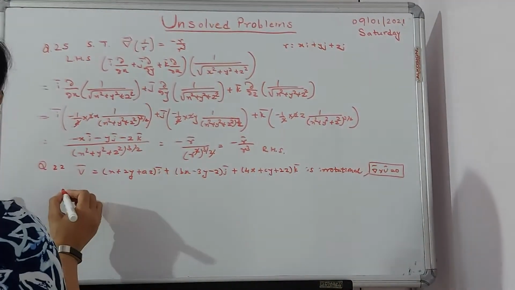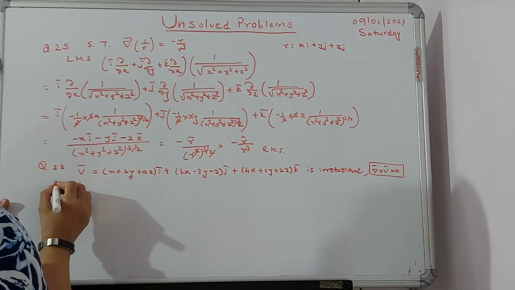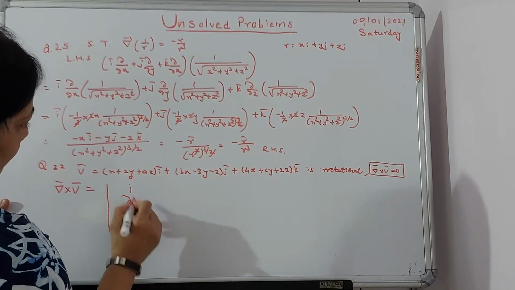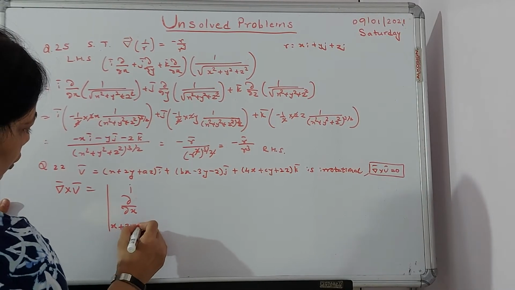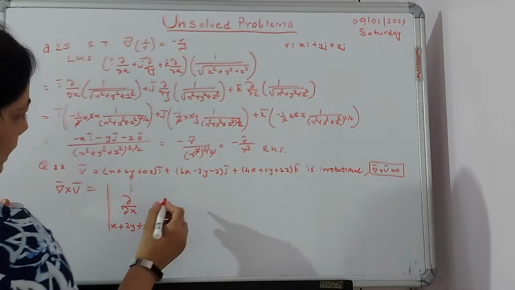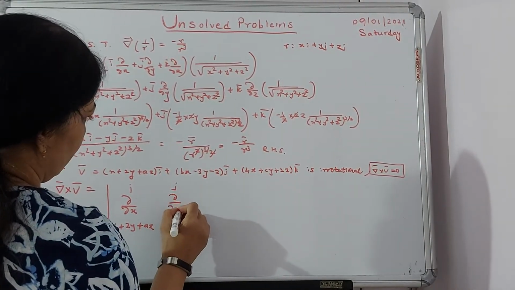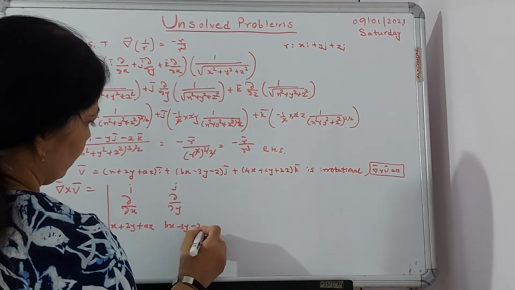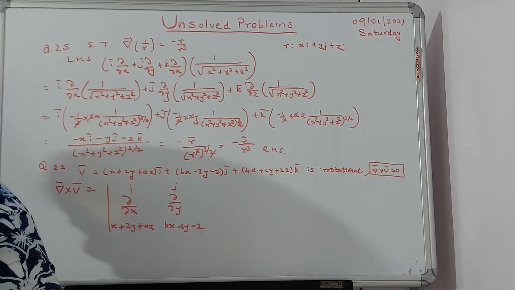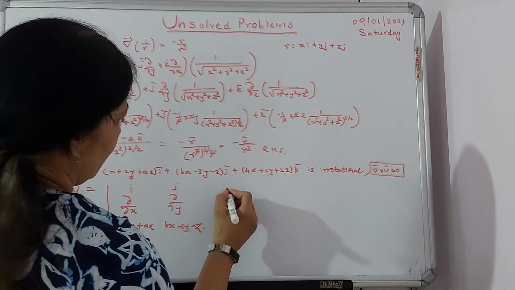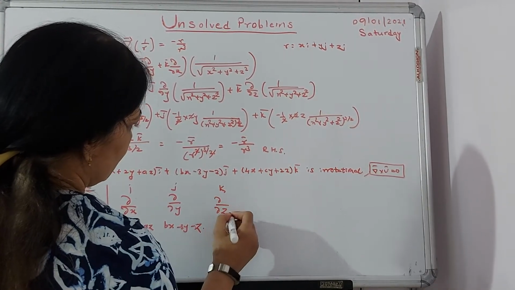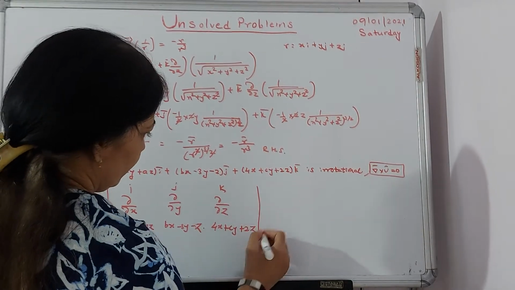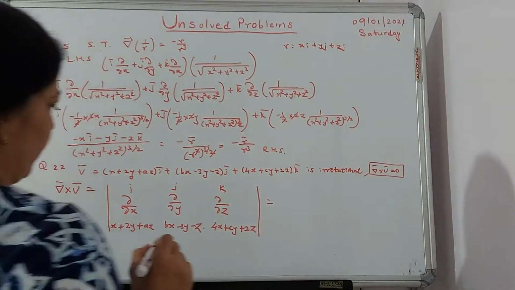To do that, I will write del cross v as the determinant with i ∂/∂x, x + 2y + az; j ∂/∂y, bx − 3y − z; k ∂/∂z, 4x + cy + 2z. After doing this, we just have to simplify.